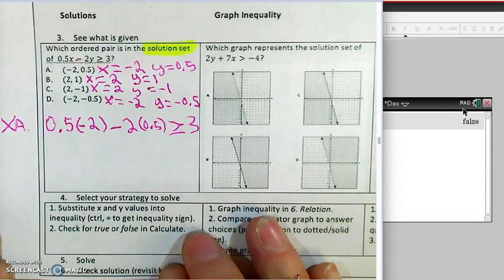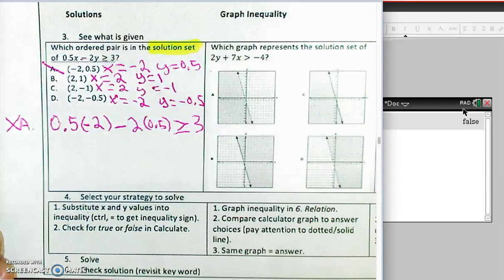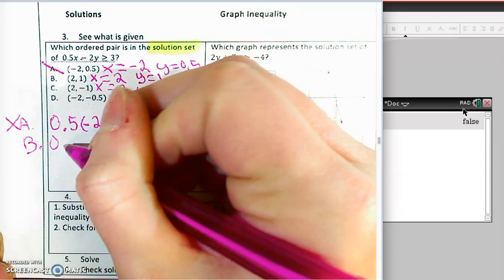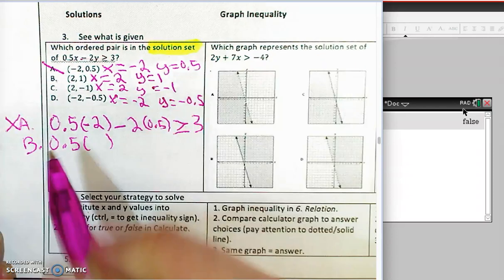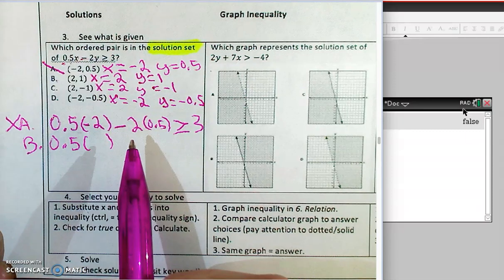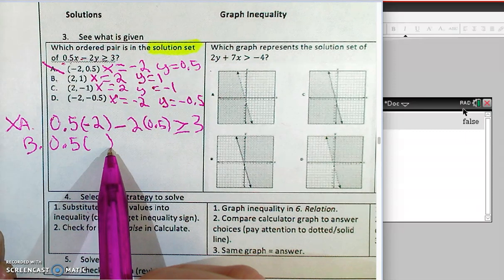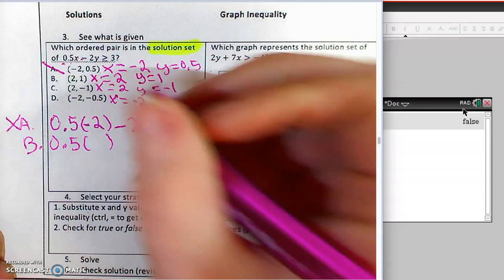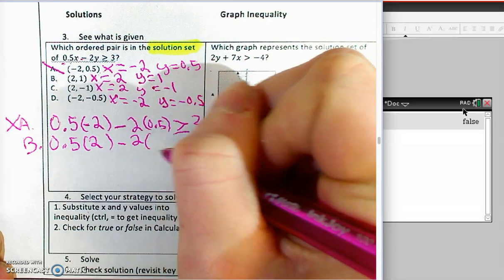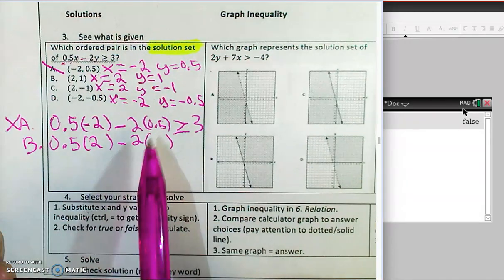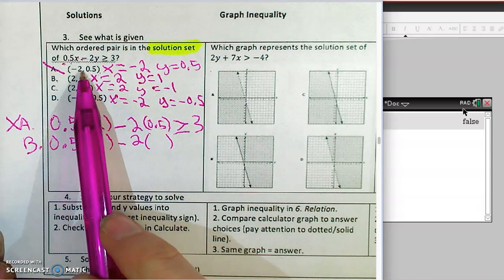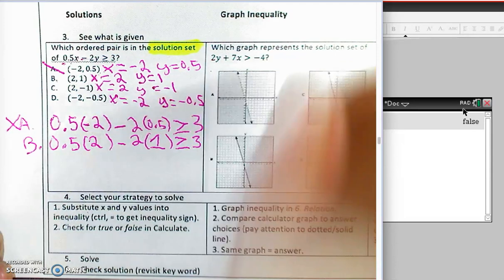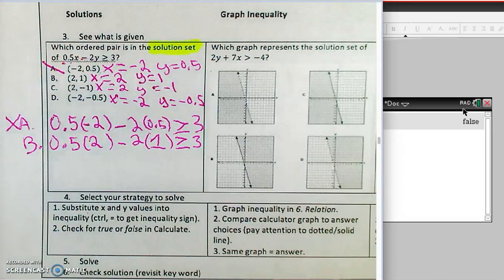I'm going to mark it with a little X because it was false and cross that answer choice out. Now we need to check answer choice B. We are still using the same inequality, 0.5, but this time instead of replacing x with -2, we are replacing x with a +2 to go with answer choice B. Then minus 2, parentheses, instead of 0.5, we are replacing the y with the +1 from answer choice B. Now in your calculator, it looks like this.